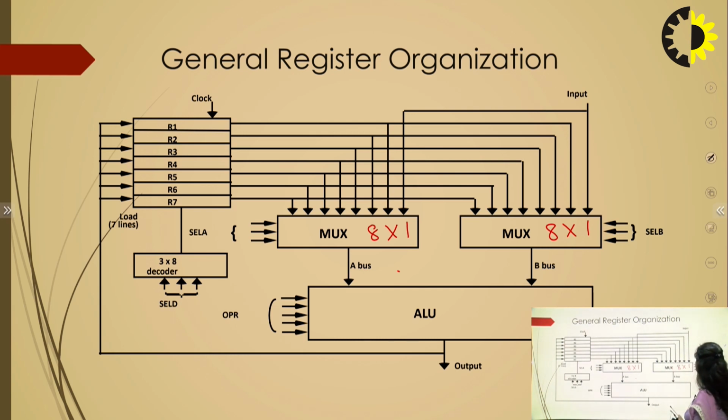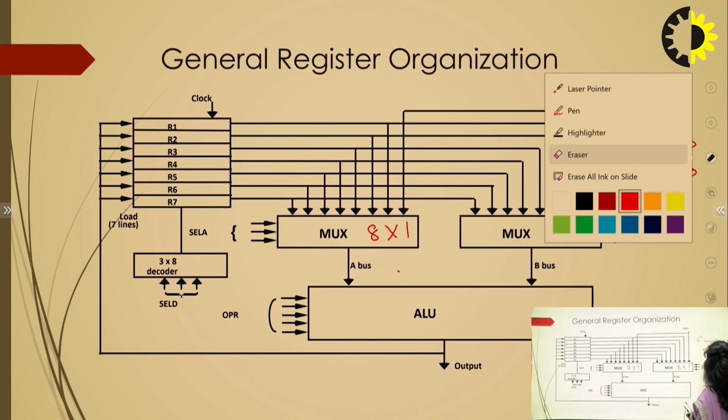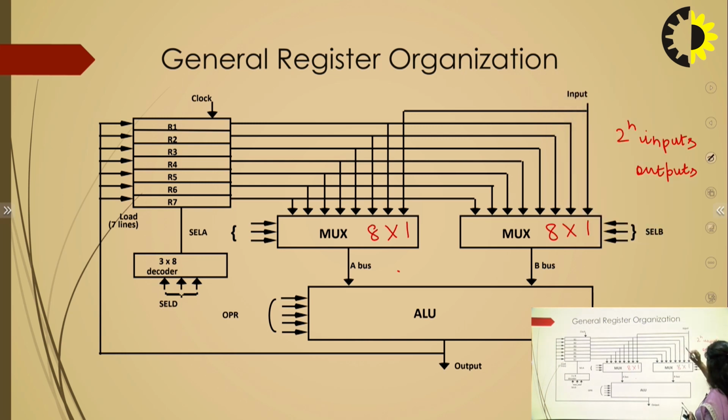As we know, in a multiplexer we have 2 raised to the power n inputs and 1 output. So here the value of n is equal to 3, and 2 raised to the power 3 is equal to 8.